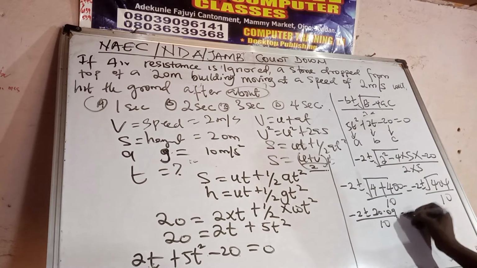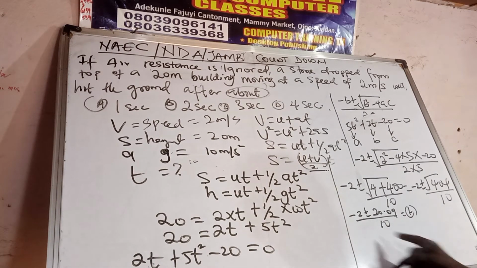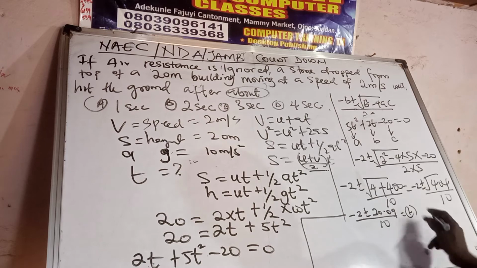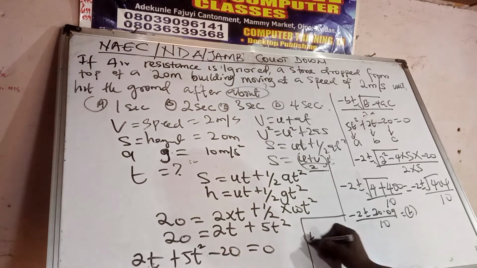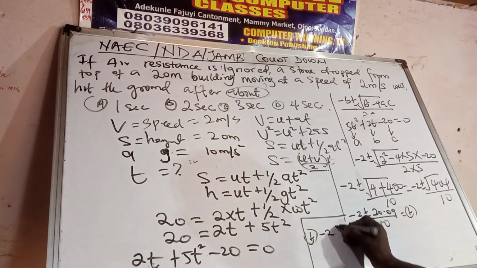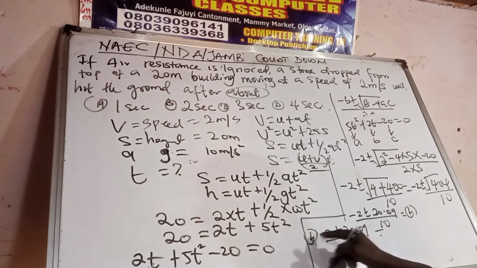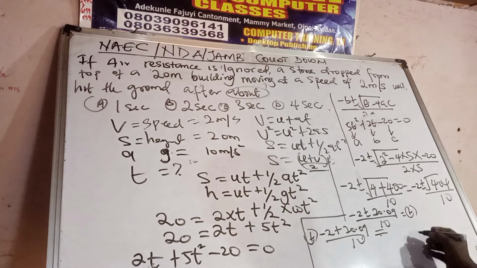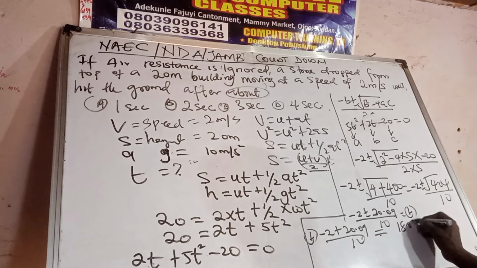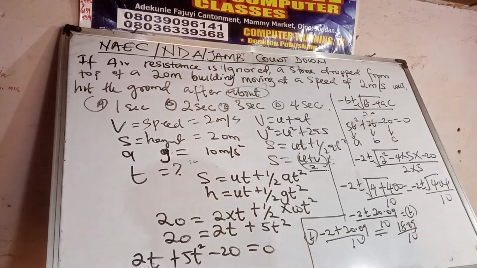When it is plus, this will be minus 2 plus 20.09 over 10. Removing this from this, you have 18.09 over 10.